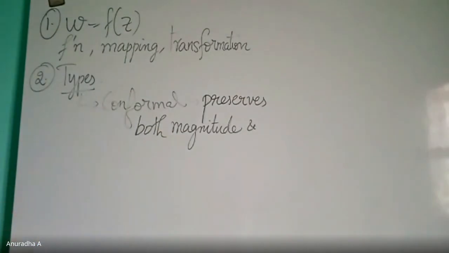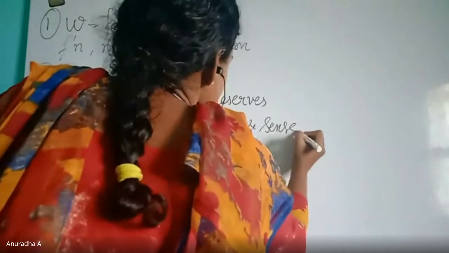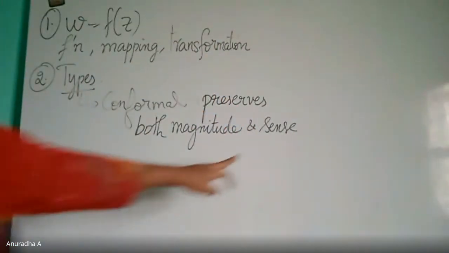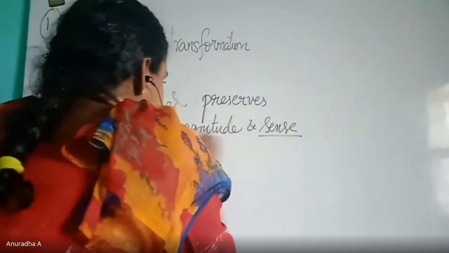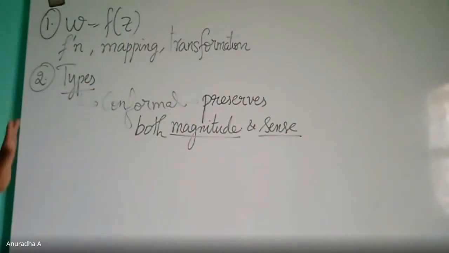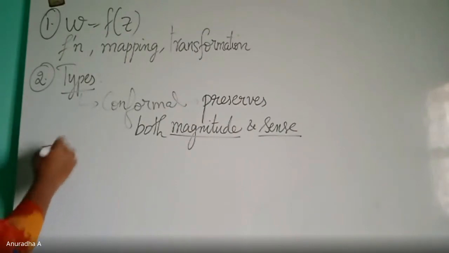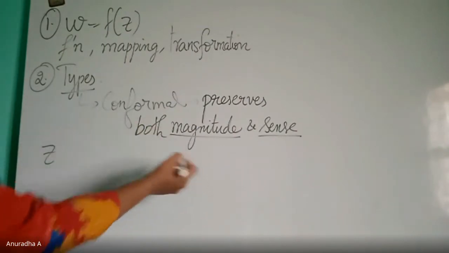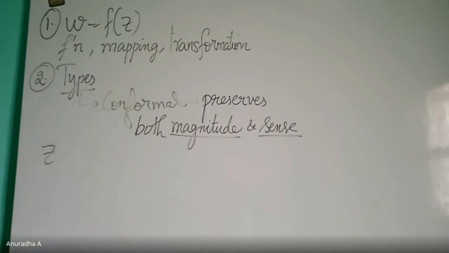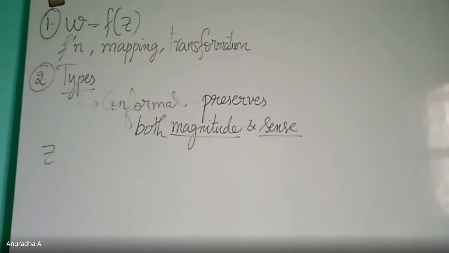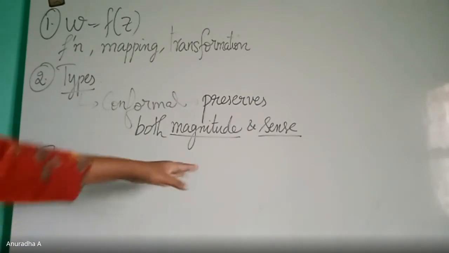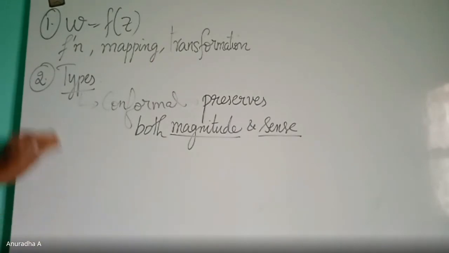Actually, I should have written argument, but in this book they say sense. I am using the same word because of MCQs. Sense means direction, nothing else. So the z points are forming something. Same way, in f of z we are also getting more or less the same structure. That is called conformal mapping.